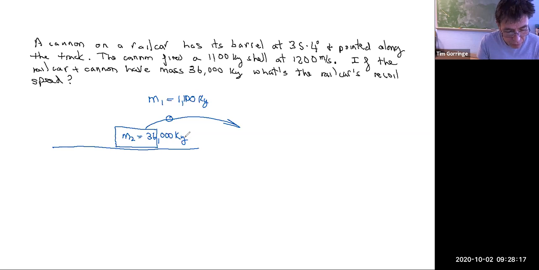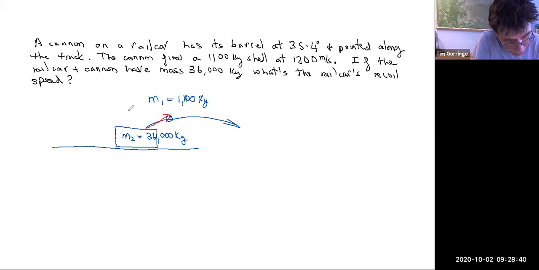And then we know the velocity of the shell, and we're going to try and figure out the motion, the recoil of the rail car. So let me add the velocity of the shell. Here's, say, the initial velocity vector.